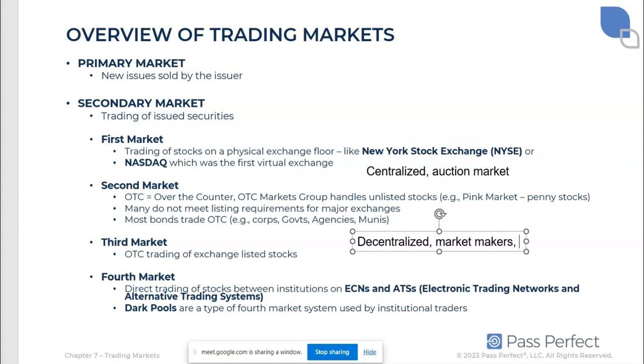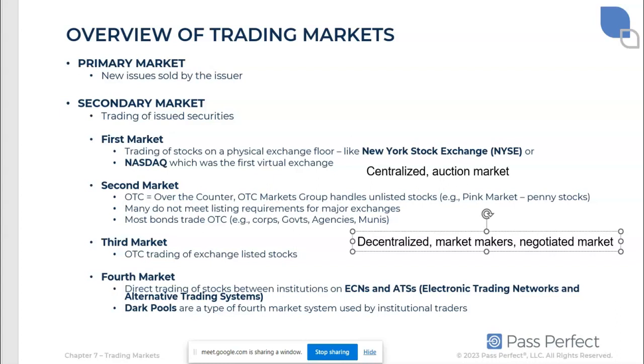And as dealers, they say, I'll buy it at this price and I'll sell it at that price, but they compete with other dealers for the order flow. So it's decentralized, and it's called a negotiated market. Negotiated market. Okay, because you negotiate with all these competing dealers and shop around for the best price, is basically how it works.